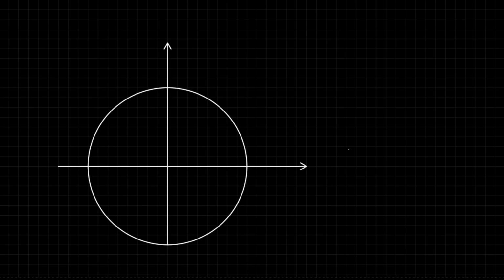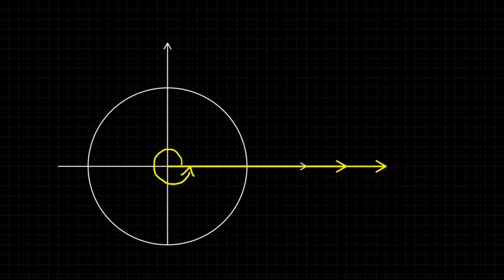So I have a similar drawing here, and I'm going to figure out what is the radian measure of the angle where the initial side is on the positive x-axis, as always, and we go one full revolution around, and the terminal side also lies on the positive x-axis.